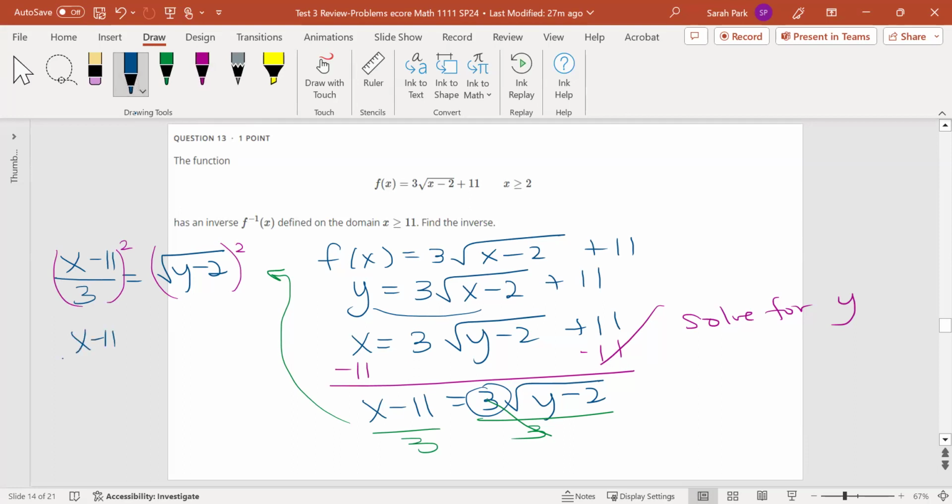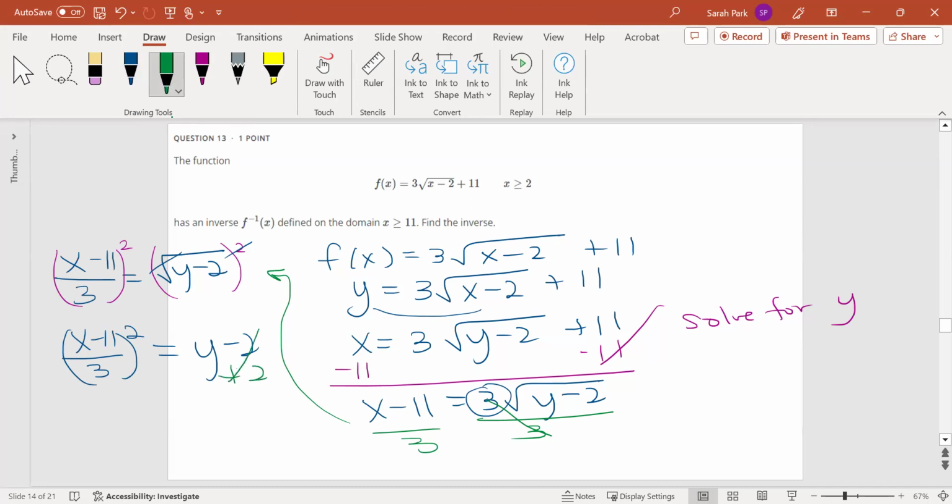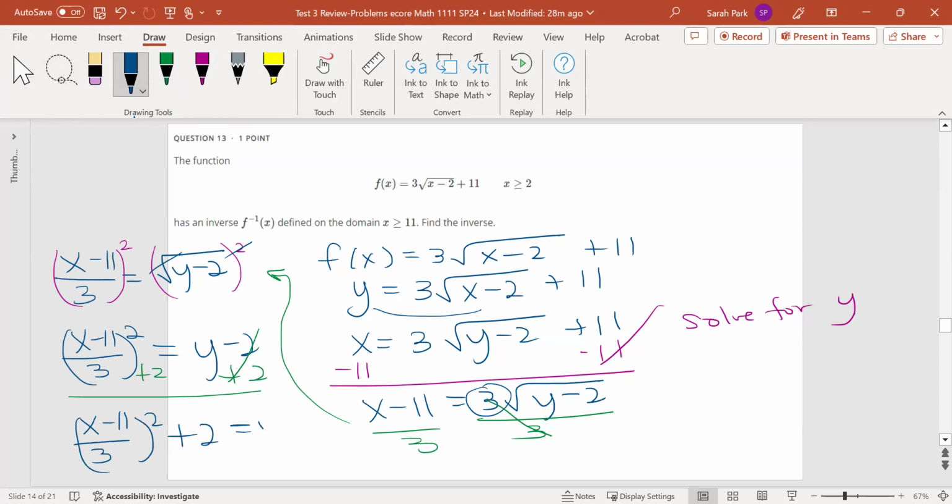So we get ((x minus 11) over 3) squared equals y minus 2, because the square root got canceled out. And finally, we're going to add 2 to cancel this 2. Add 2, and we get ((x minus 11) over 3) squared plus 2 is equal to y.